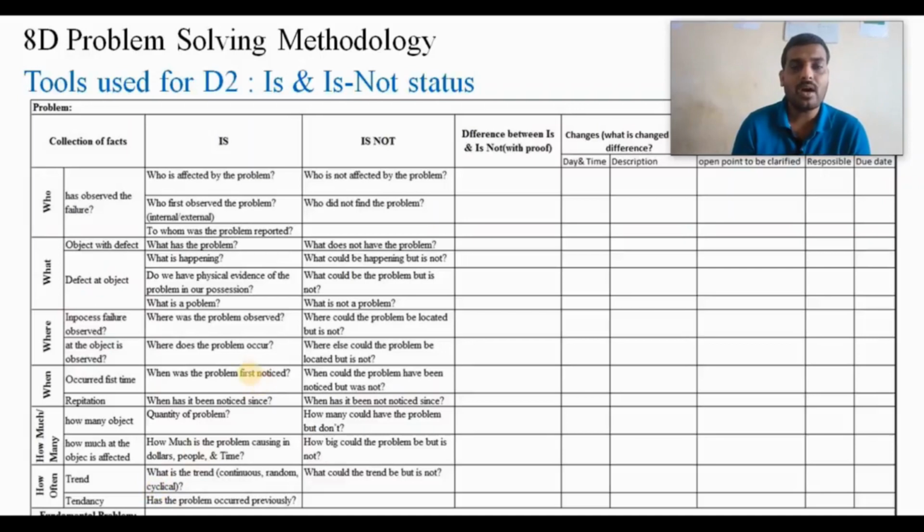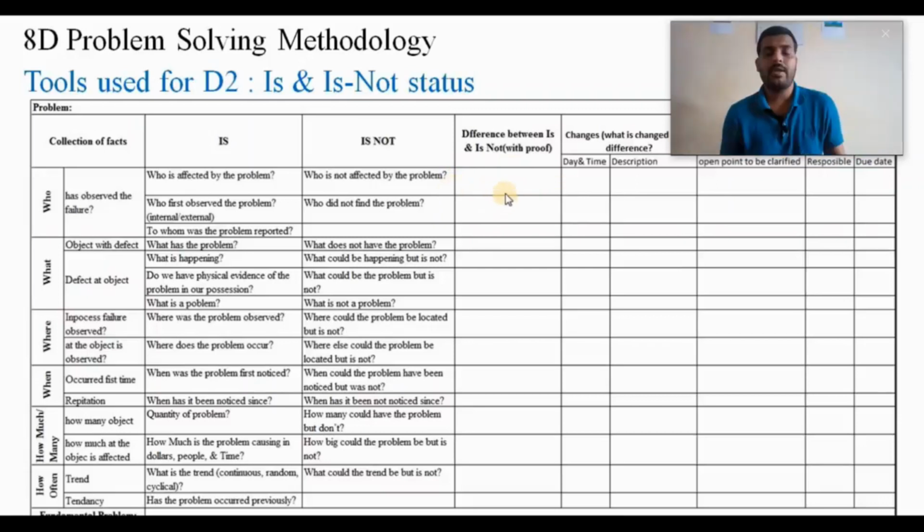The output of this problem description is a fundamental problem definition. How should this fundamental problem definition look? There is one thumb rule to write a fundamental problem description by using 4 P's.